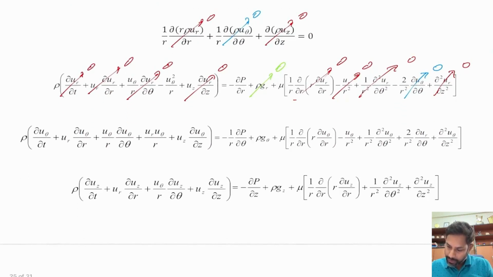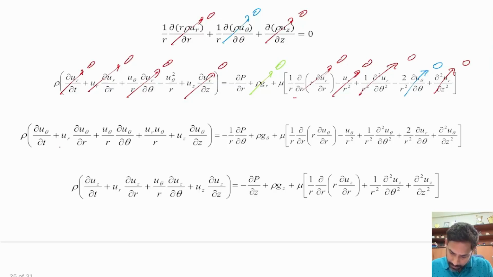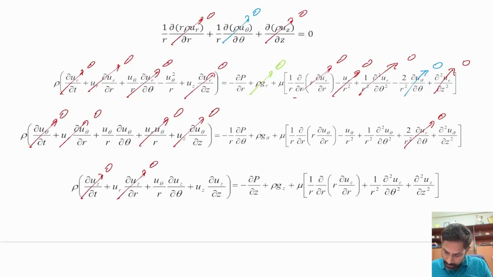Okay, so we have neglected all these terms, and in this case now your ur is 0, uz is 0. Okay, du theta by dt is 0. Likewise here duz by dt is 0, and uz is 0.